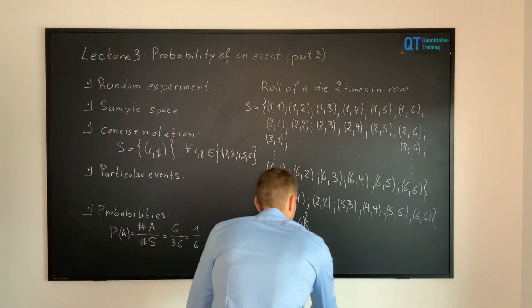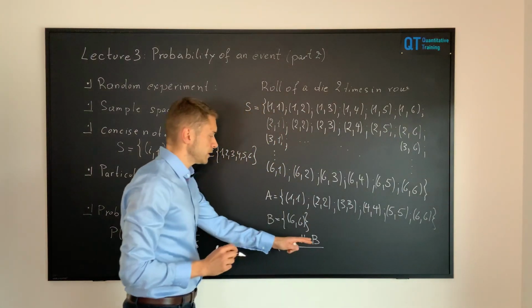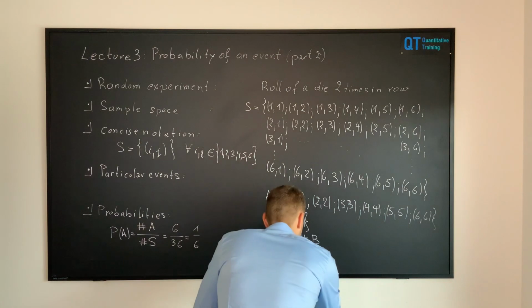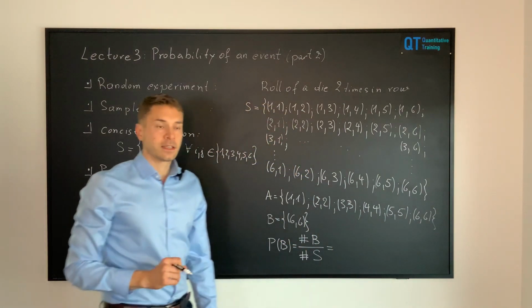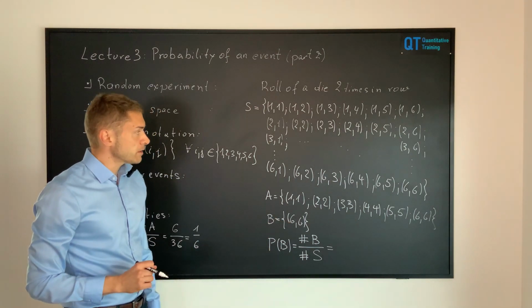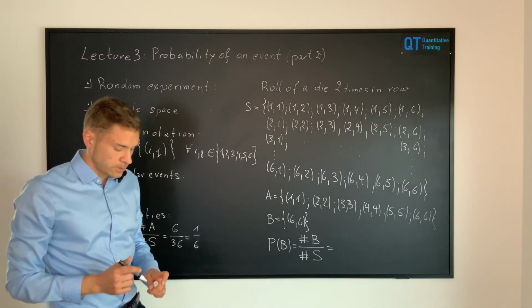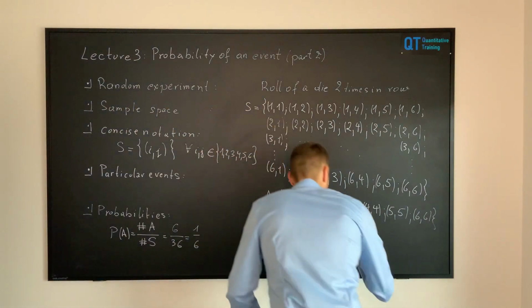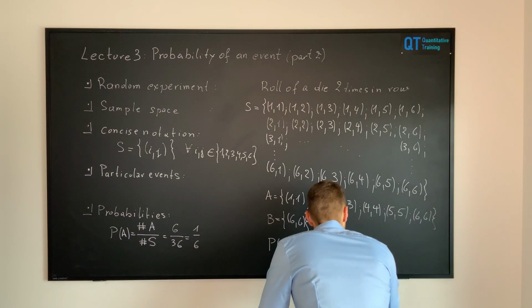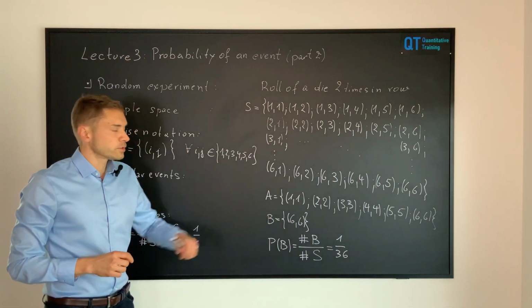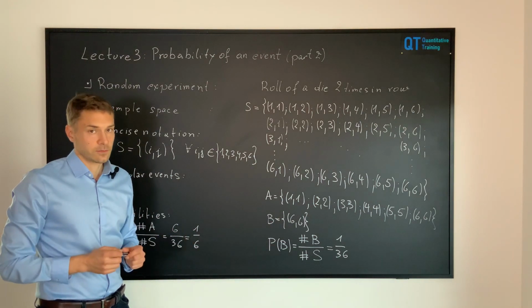We have the number of elements contained within the event B divided by the total number of elements contained within the sample space. Here we have only one element in B, and the total sample space has 36 different elements. So we divide 1 by 36, and that is the probability of obtaining 2 times 6 when rolling a die 2 times in a row.